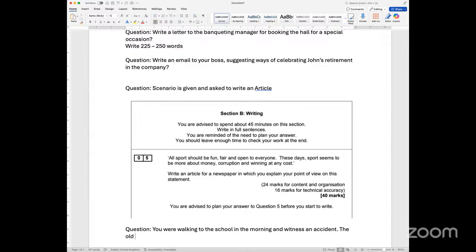The old lady and a few other people crossing the road were injured. Write a report.